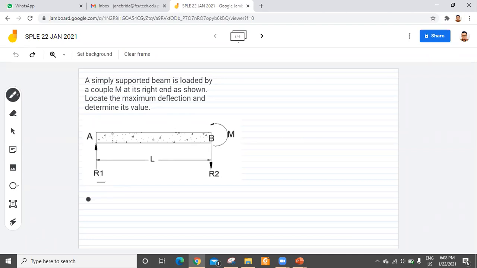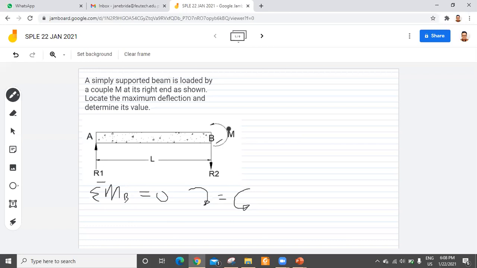So what is R1? If we are going to take moment at B, we can compute R1. So summation of moment at B equals 0. Let's say clockwise is equal to counterclockwise.